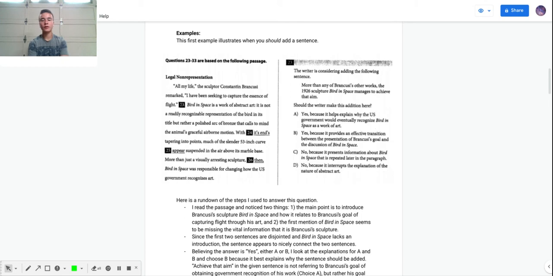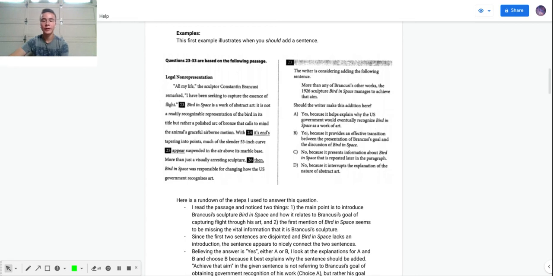So reading this, the passage as a whole talks about how the government recognizes Bird in Space as a work of art, and how this specific sculpture changed how the government defines art. But that's not what this sentence right here is talking about. It's talking about achieving that aim, which in the first sentence is capturing the essence of flight. So A doesn't seem like a really good answer, but we'll come back to that.